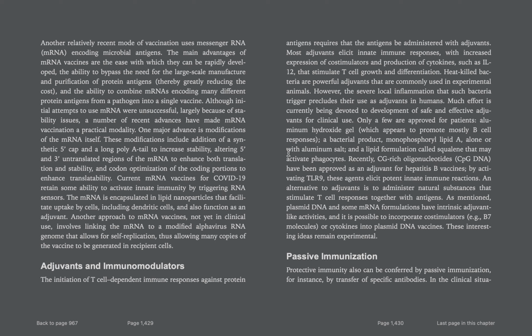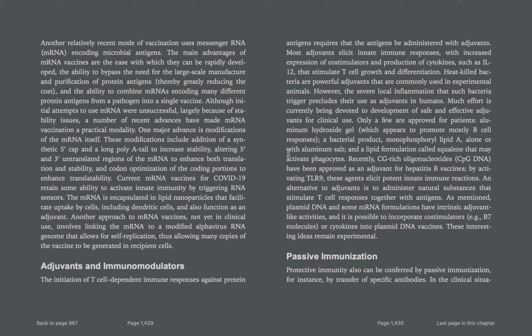Current messenger RNA vaccines for COVID-19 retain some ability to activate innate immunity by triggering RNA sensors. The messenger RNA is encapsulated in lipid nanoparticles that facilitate uptake by cells, including dendritic cells, and also function as an adjuvant.